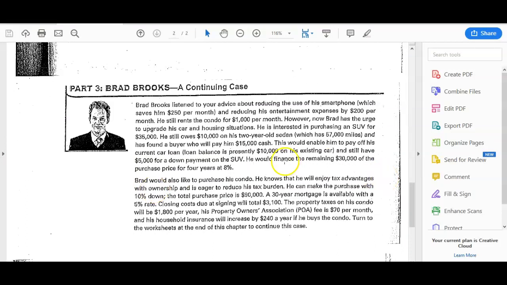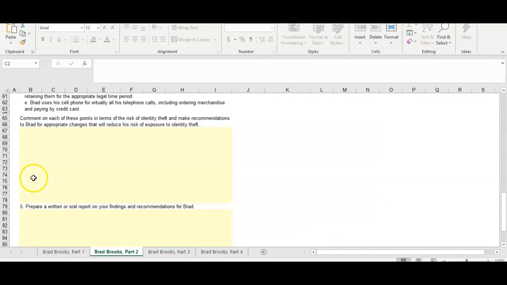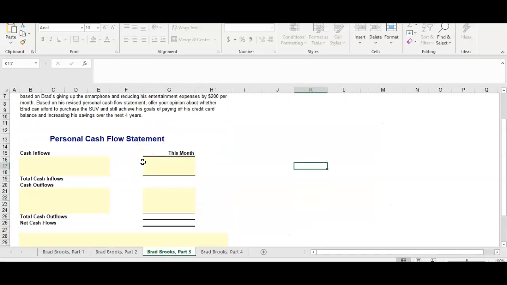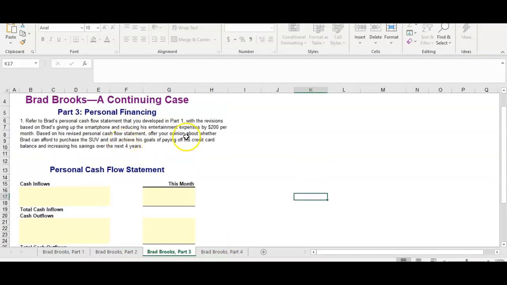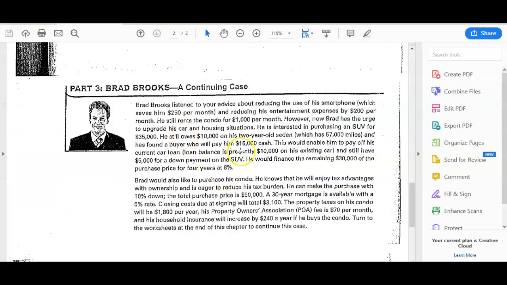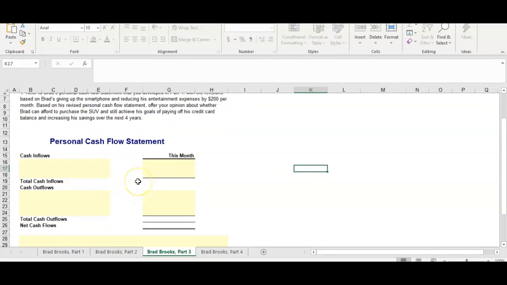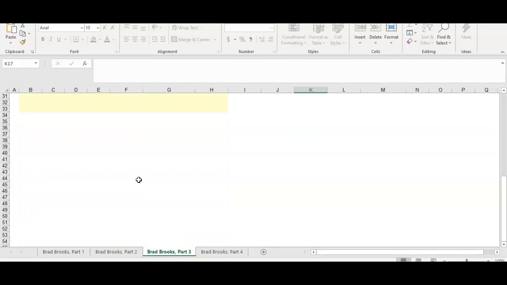Brad wants to buy a new car, do some other things. Brad wants to buy a condo. Brad is very ambitious. So based upon this information, you'll complete part 3 doing another personal cash flow statement based upon the information given to you in part 3 and the information here in the instructions.